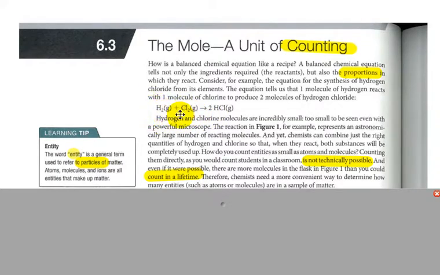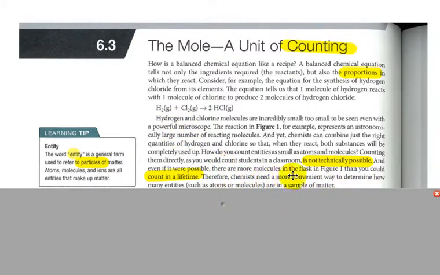Therefore, how do we know that we have one hydrogen molecule and one chlorine molecule? The reaction in figure 1, for example, represents an astronomically large number of reacting molecules, and yet chemists can combine just the right quantities of hydrogen and chlorine. Counting them directly would not be technically possible because they're too small to see.